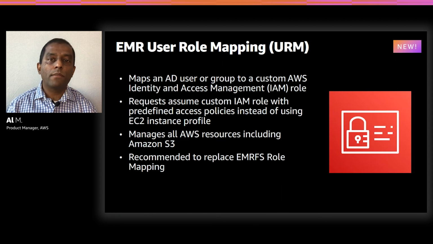You can leverage IAM roles to segregate data access for multi-tenanted, Kerberized EMR clusters. URM supports union of permissions by mapping groups or users to IAM policies. URM is available as open source software from AWS Labs, and you're required to manage this package.